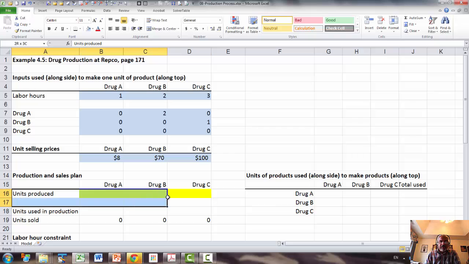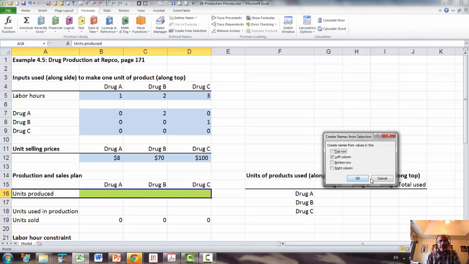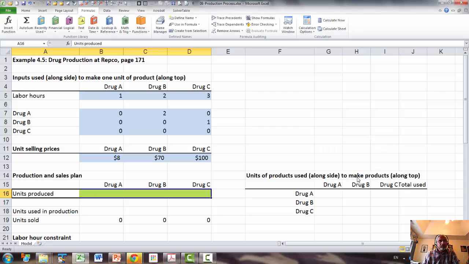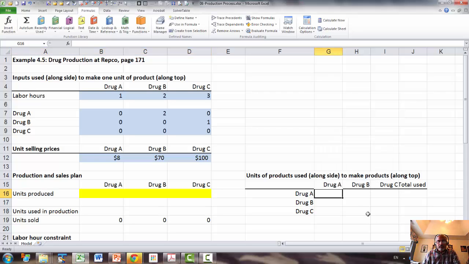Now we'll give a name here. So what we're going to do is multiply how many units of A we're going to make, how many units of B we're going to make, how many units of C we're going to make. We can compute this directly, but let's do it this way.